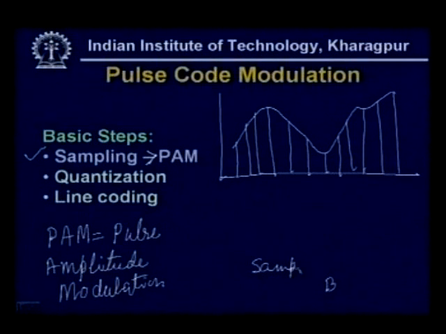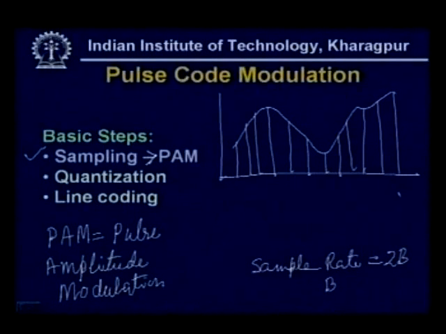Nyquist criteria says if the signal has a bandwidth B, then the sample rate has to be 2B. Suppose you are sending a voice signal. The voice signal has a bandwidth of 4 kilohertz. So, your sample rate has to be 8 kilohertz. So, that is the rate at which it is being sampled.